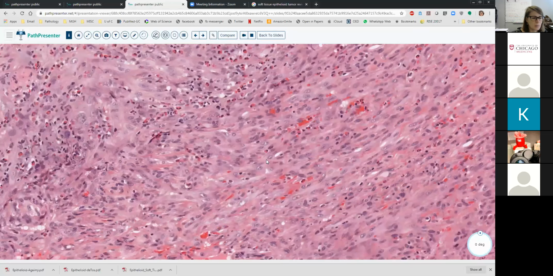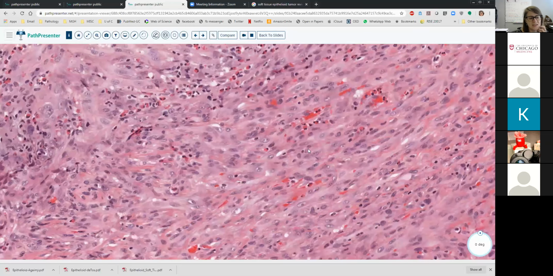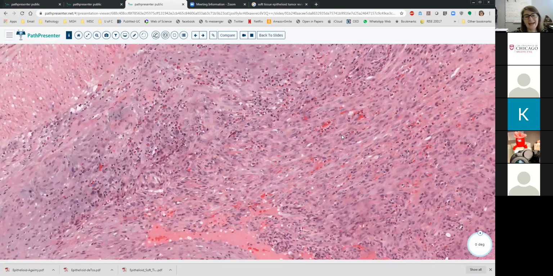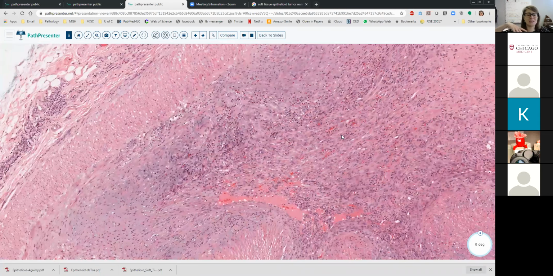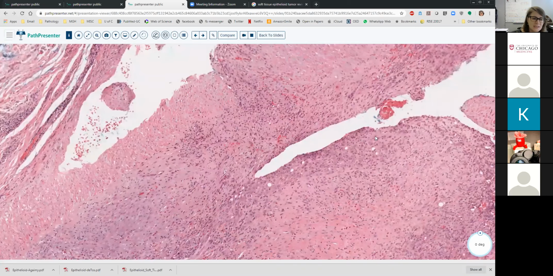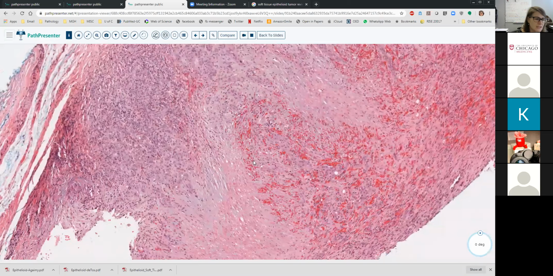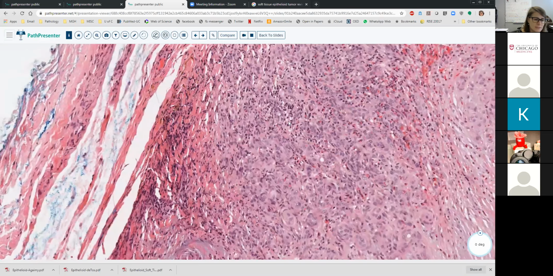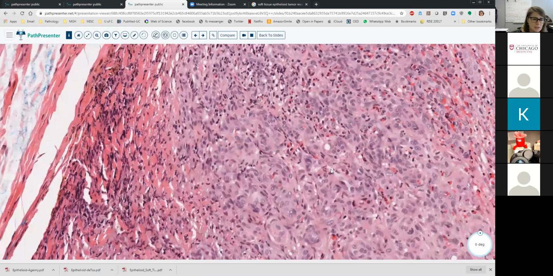This is probably one of the most challenging ones. Now you've seen the malignant, you've seen the intermediate. So many of you are getting the correct answer already. But when you see this in isolation, the plumpness of these cells can be worrisome. They're very plump, yet they are vasoformative.